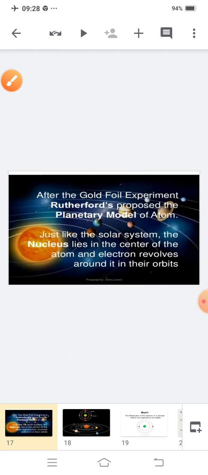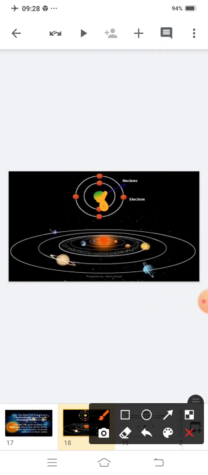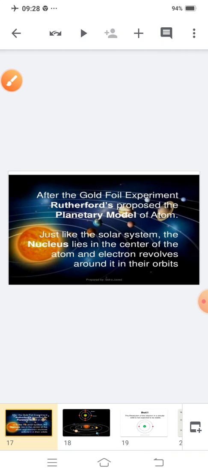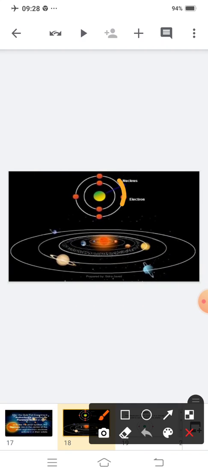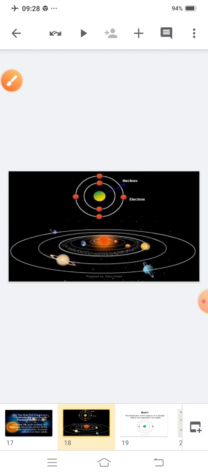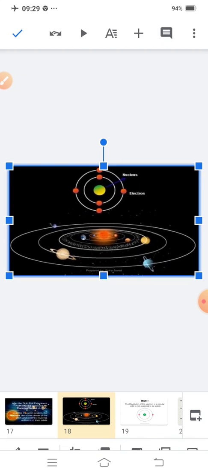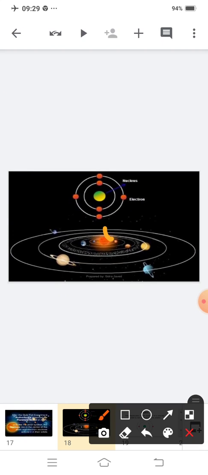Now, after the gold foil experiment, Rutherford proposed the planetary model of an atom, just like the solar system. The nucleus lies in the center of the atom and electrons revolve around the nucleus, like the solar system. In the solar system, the sun is the nucleus and all the planets revolve around the sun.